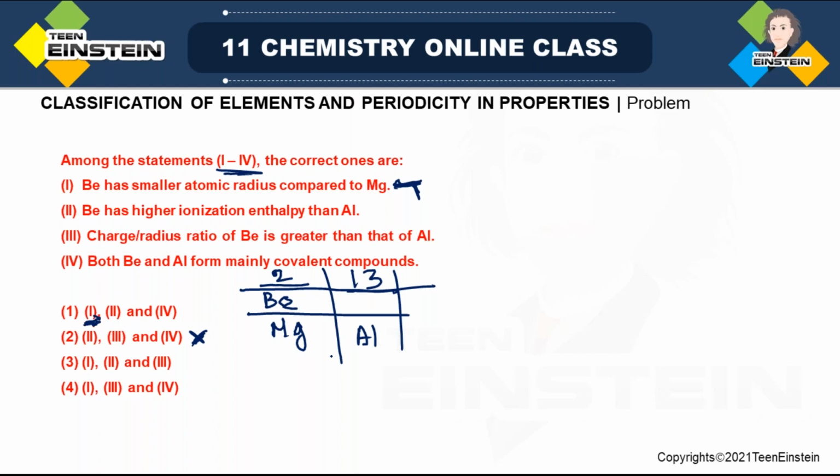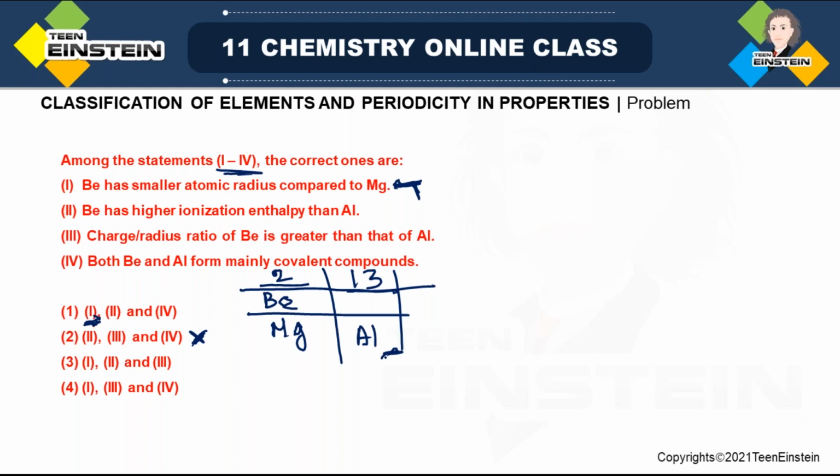What we know is that ionization energy, when you are moving from left to right, increases because size decreases. And when we are moving down, then size increases. So that is why we can easily remove the outermost electron. Fine. So for aluminium, what will happen? That is, beryllium has higher ionization enthalpy than aluminium.